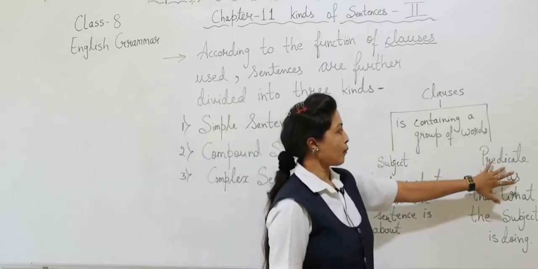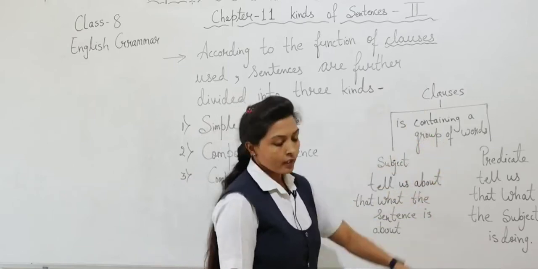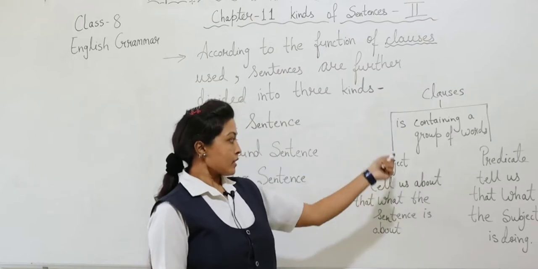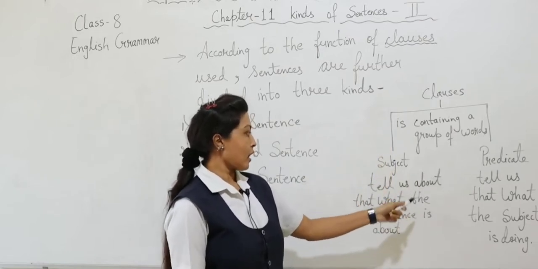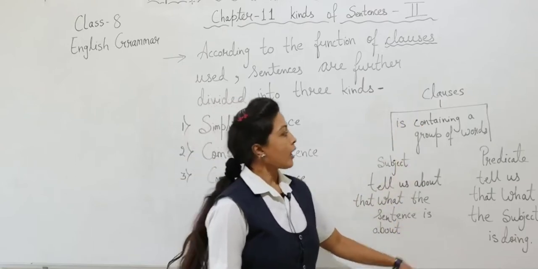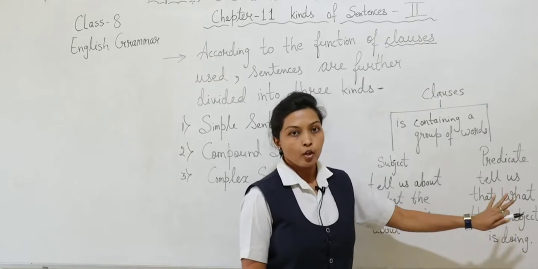So, a clause is a group of words containing subject and predicate. In this, the subject tells us what the sentence is about, and the predicate tells us what the subject is doing.